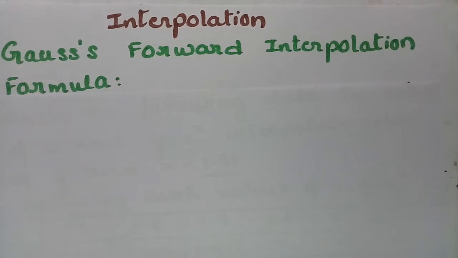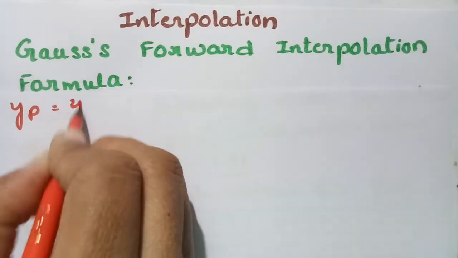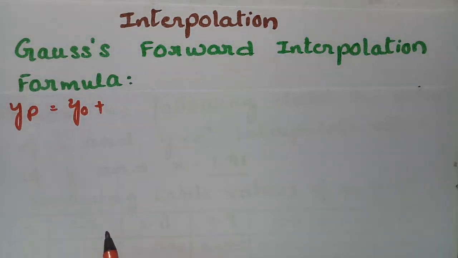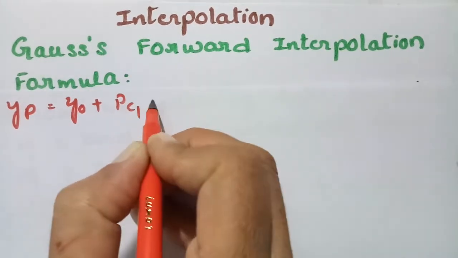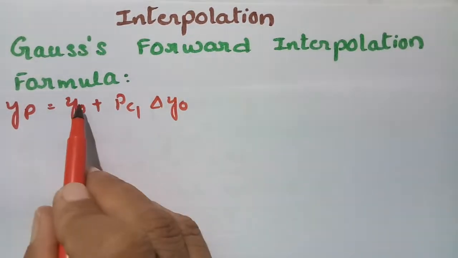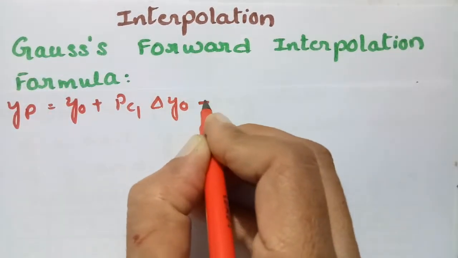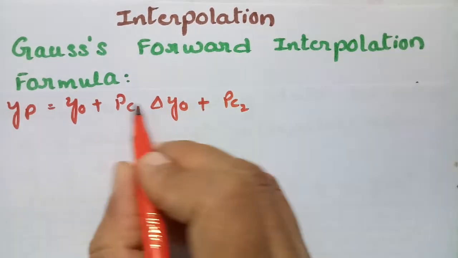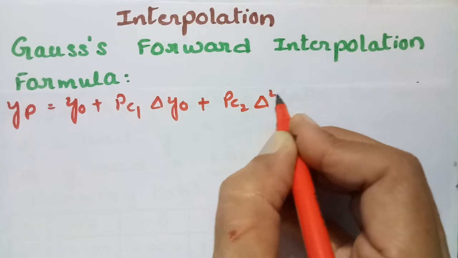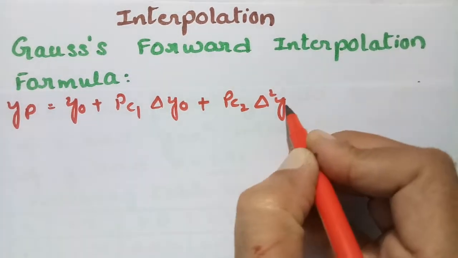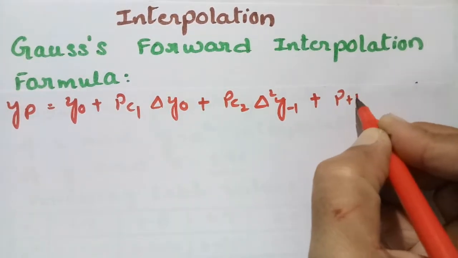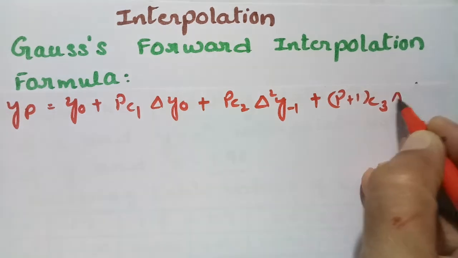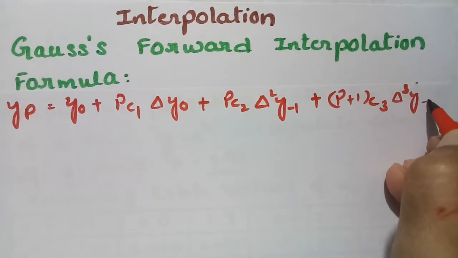See here, yp is equal to y0 plus pC1 delta y0, then after using two p's, p minus 1: pC2 times the second difference of y minus 1, then p plus 1 C3 times delta cube of y minus 1.